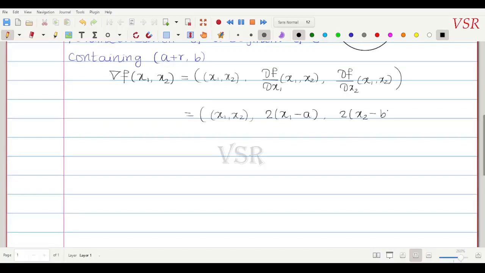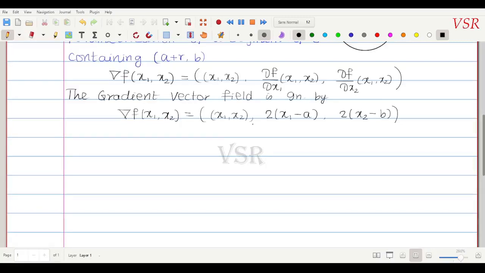So this is my del f of x1 comma x2. So this is the gradient vector field, which is given by this.